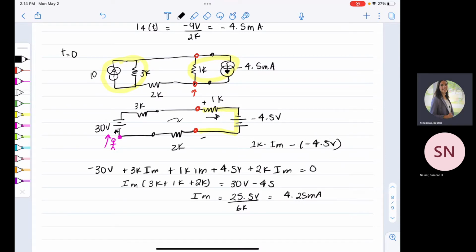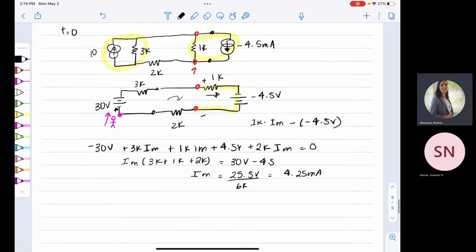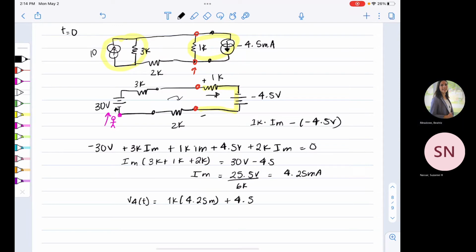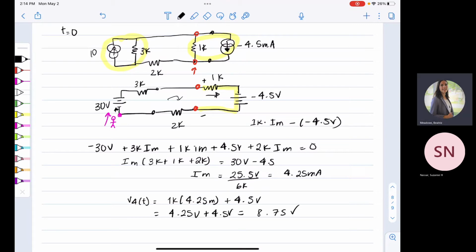Everybody knows how to do KVL? Okay. So now, again, we're trying to find B4T, right? So what did we say that voltage was? Right. So this is just 4.25 volts plus 4.5 volts, which equals 9.75? 8? Sorry. Quick math, sorry. Okay.